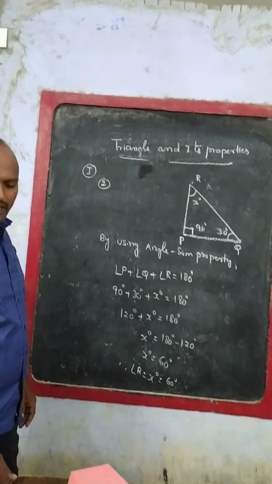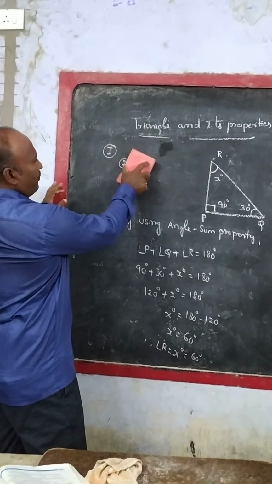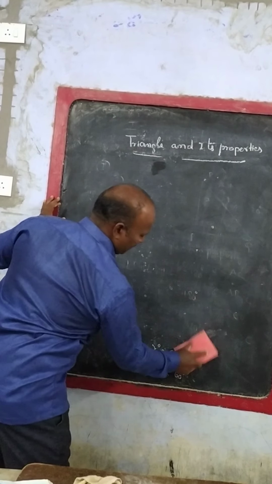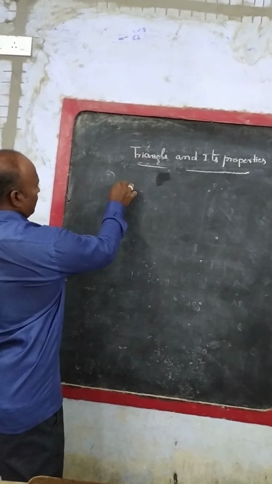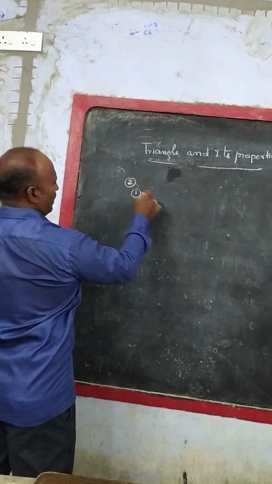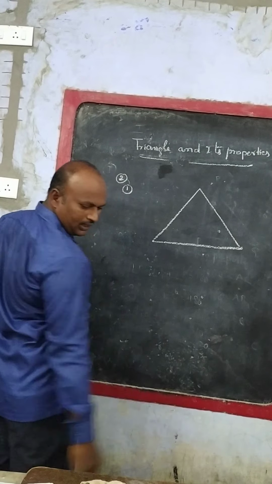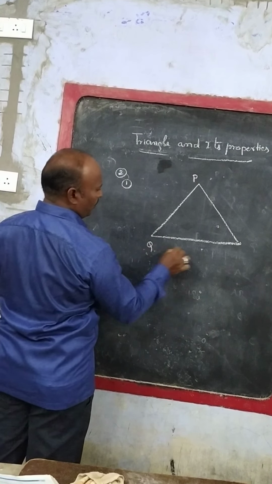Next, second Roman. Find the value of the unknown x and y in the following diagrams. Second Roman, first one. This is a triangle PQR.